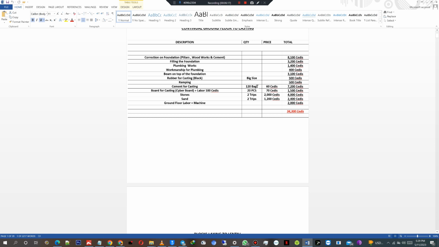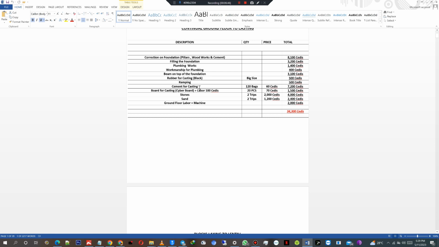It made us buy more cement, and we used 2 trips of stones and 2 trips of sand. The cyber board we used for the casting was 20 pieces, which cost 1,500 Ghana cedis at that time.